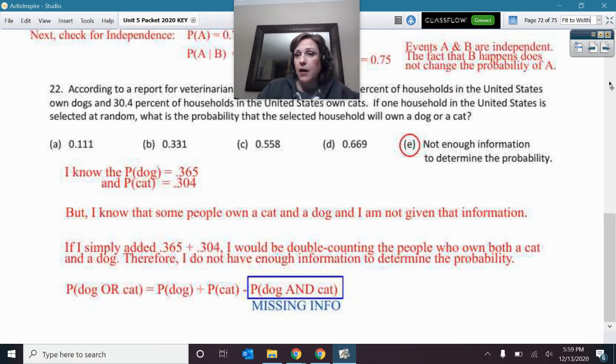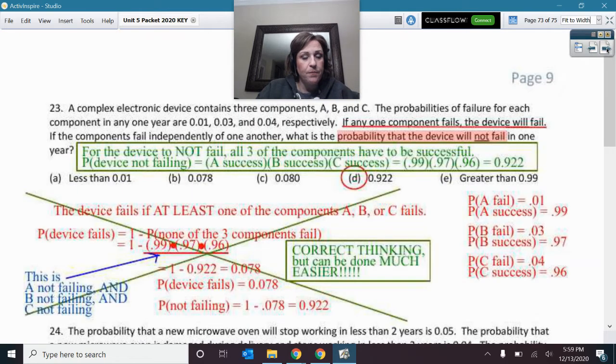Okay? All right. And the next one. So, this problem, I did it so hard. I went through a whole lot of thought process, and then I was like, oh, that just seems weird. What I did was right, but it was so much harder than another way.